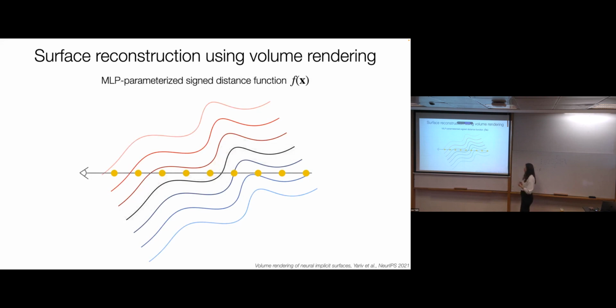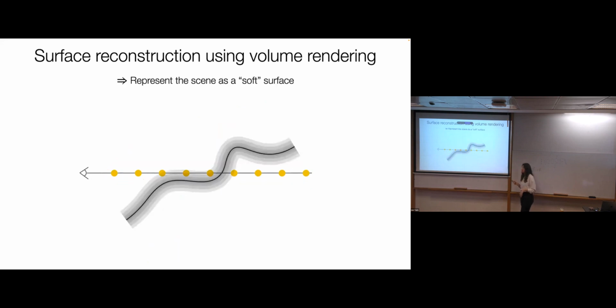Could you not use that method for surface rendering also? For surface rendering, you just need to render the surface. We want another way, we're going to use another rendering method. In surface rendering, you find the intersection.